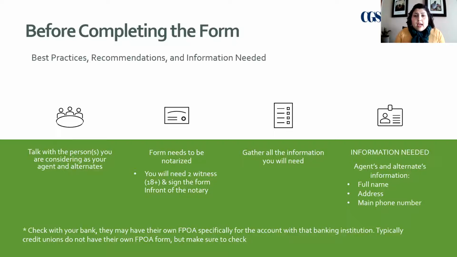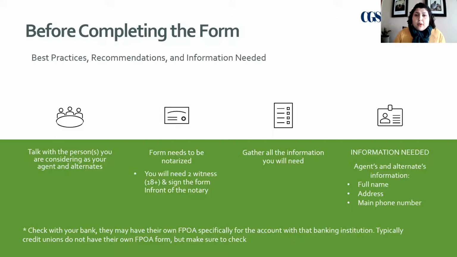Some banks have you complete one financial power of attorney per account. So if you have a savings and checkings account, you're going to have two financial powers of attorney with that bank alone, but you would need the one that we're talking about today for a lot of other things, and we'll go through those in a little bit.